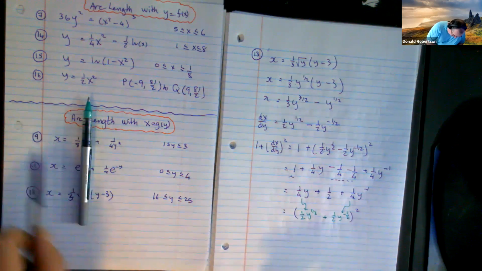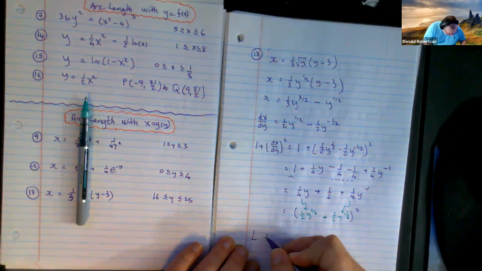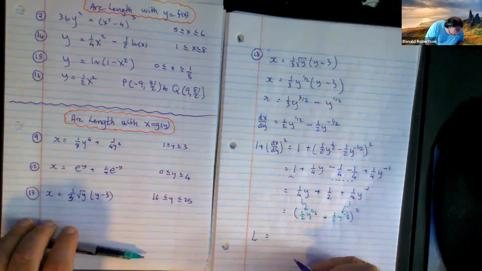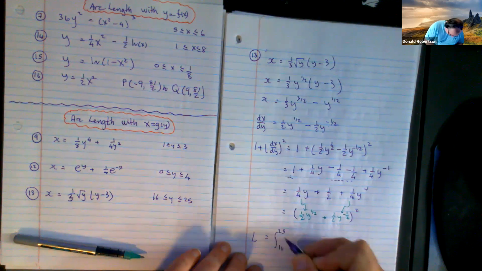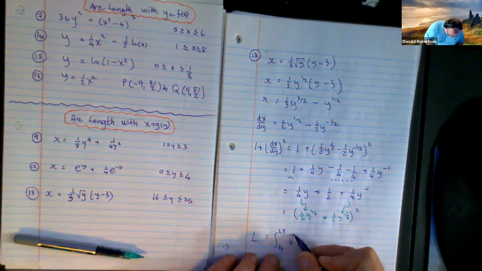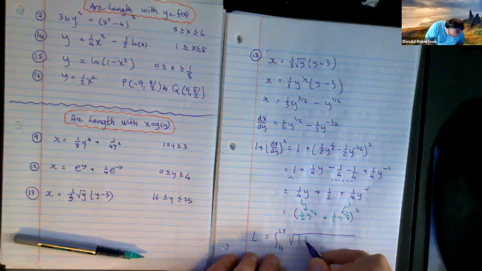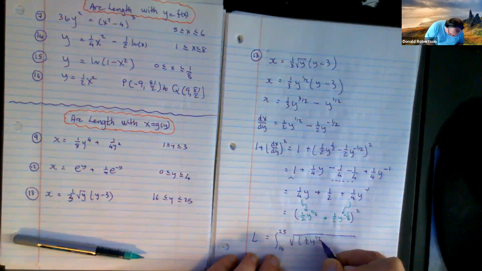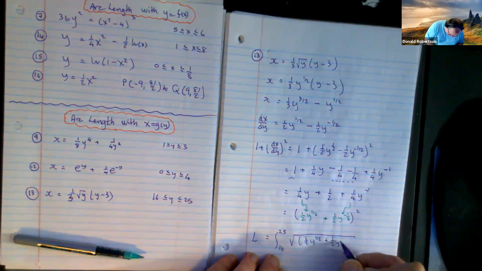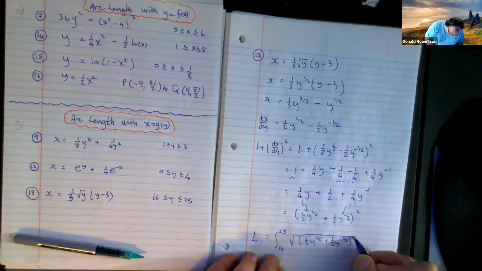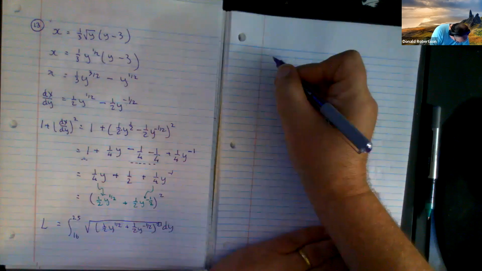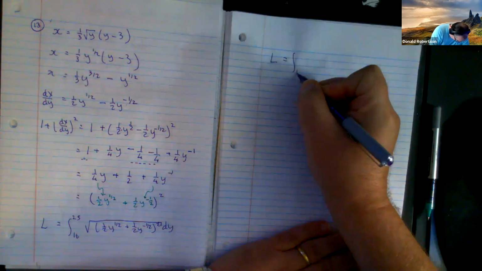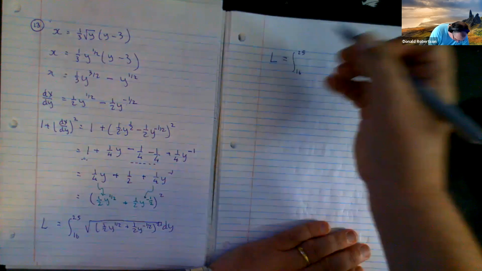So our arc length is going to be the integral from 16 to 25, the square root of this guy squared dy. And that means that the square and the square root kind of kill each other off.